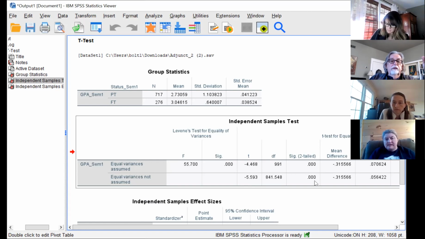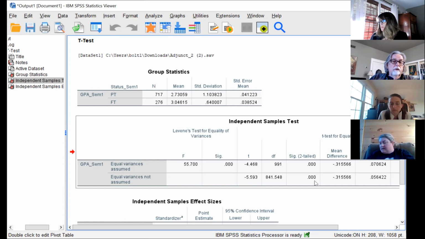So probably the equal variance not assumed has a slightly higher significance level or p-value, but it's 4 or 5 decimal places down the road. So we don't worry about anything beyond 3 decimal places. But we do have to use this bottom line, which means what we report would be a different t-value, but the significance level would still be 0.000. Does that help, or did that just muddy the waters?